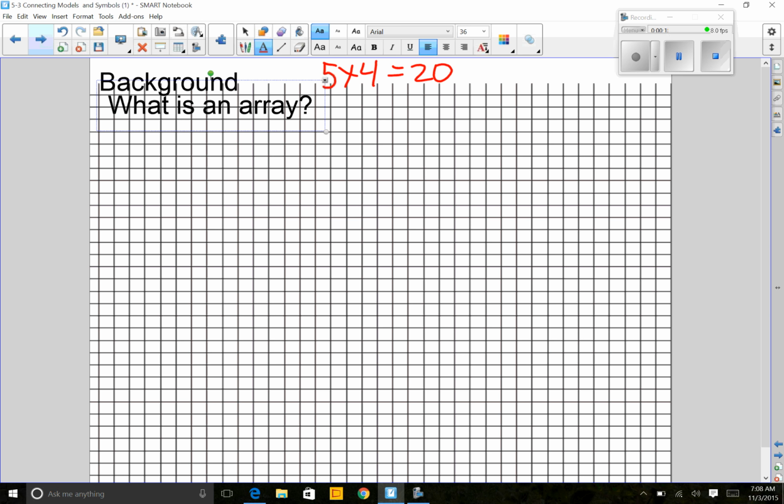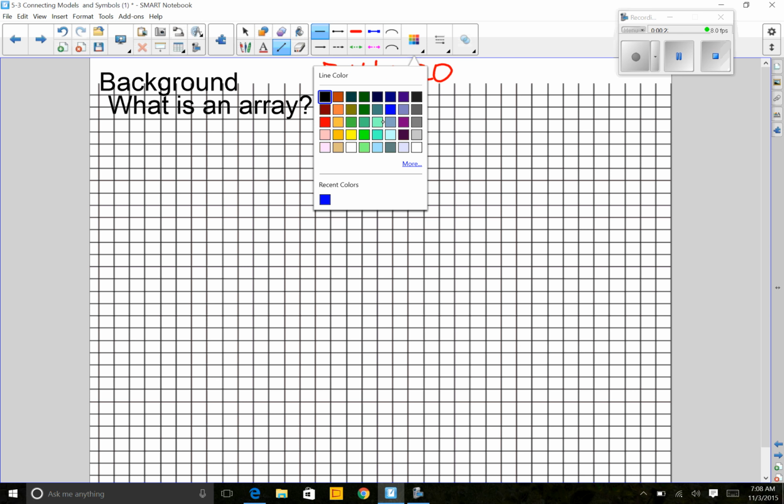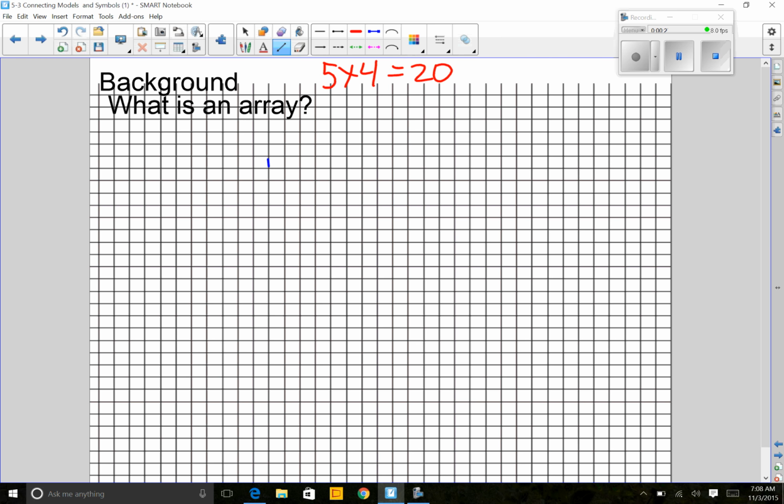So if I had the problem 5 times 4 equals 20, and I was going to draw an array, I would draw, okay, 1, 2, 3, 4, 5. So there's my 5.